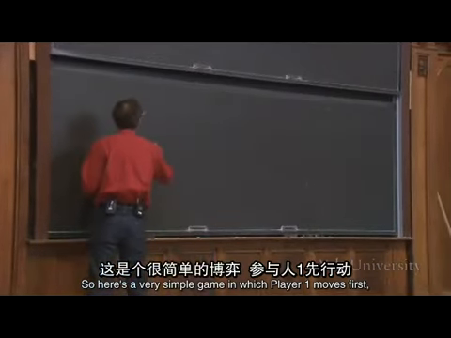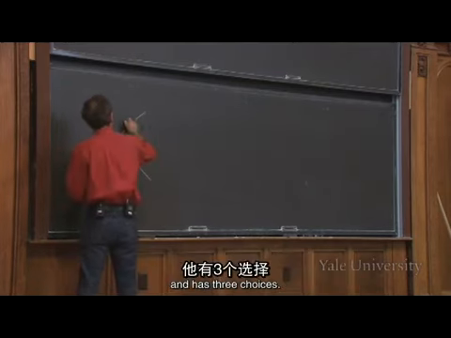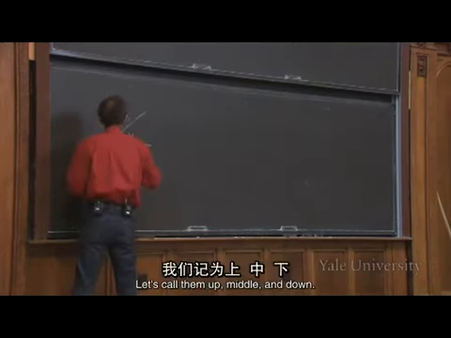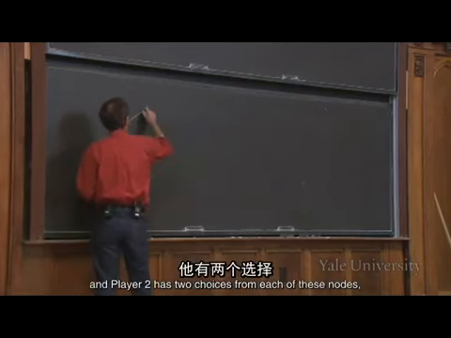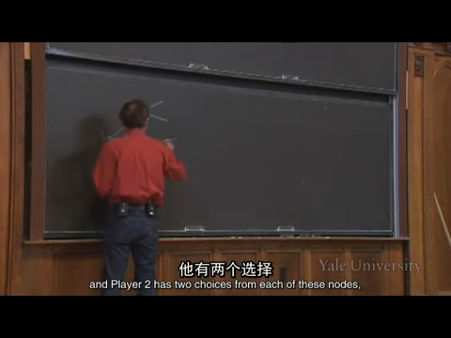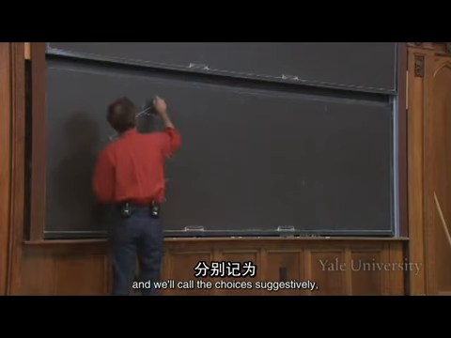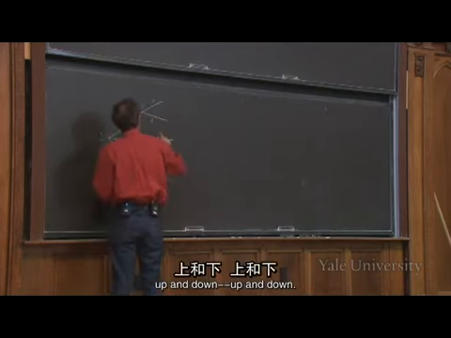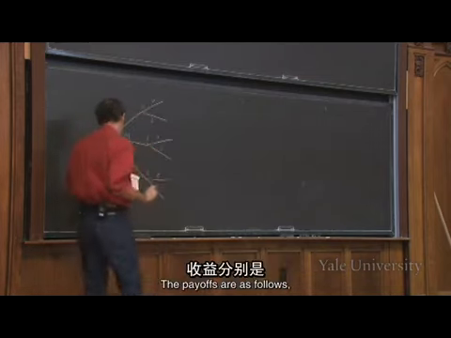So here's a very simple game in which player 1 moves first and has 3 choices. Let's call them up, middle, and down. And then player 2 moves, and player 2 has 2 choices from each of these nodes, and we'll call the choices suggestively up and down, and here we'll just call them left and right.